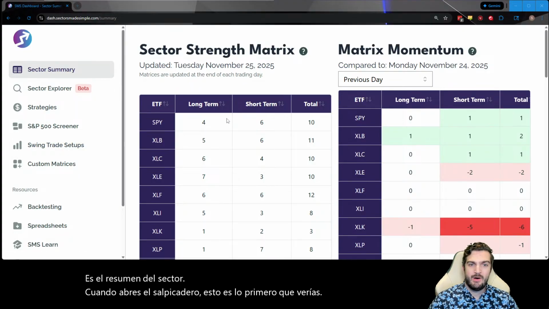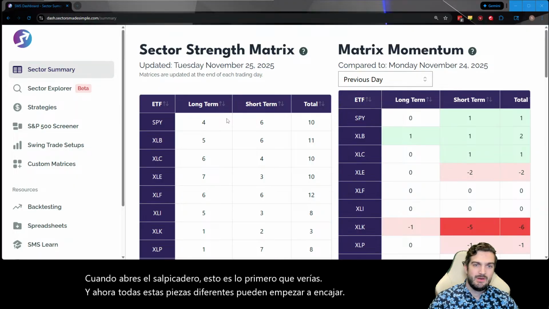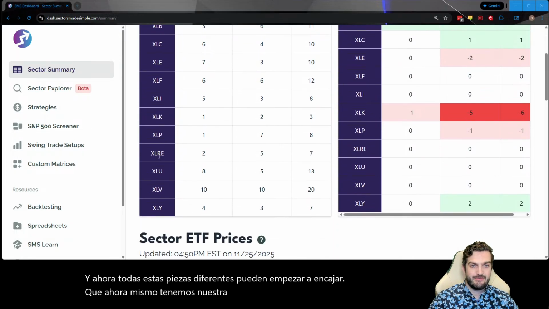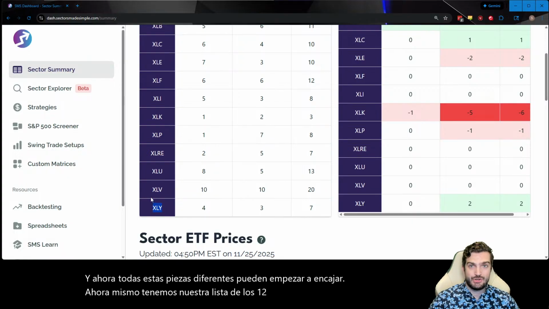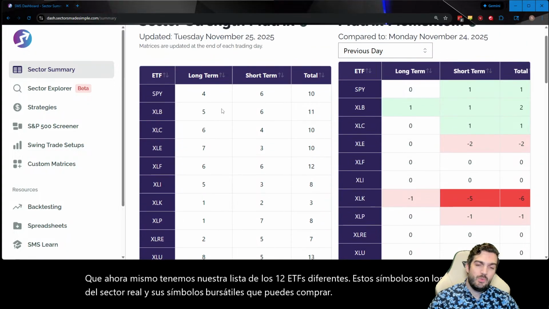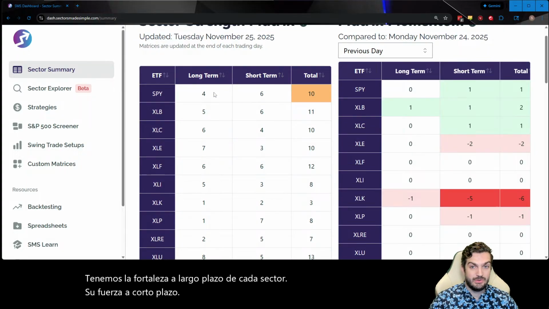Now, all of these different pieces can start to come together. We see here that right now, we have our list of the 12 different ETFs. These symbols are the actual sector ETFs, and they're ticker symbols that you can go and buy. We have each sector's long-term strength, their short-term strength, and their total, which is their long plus their short-term.